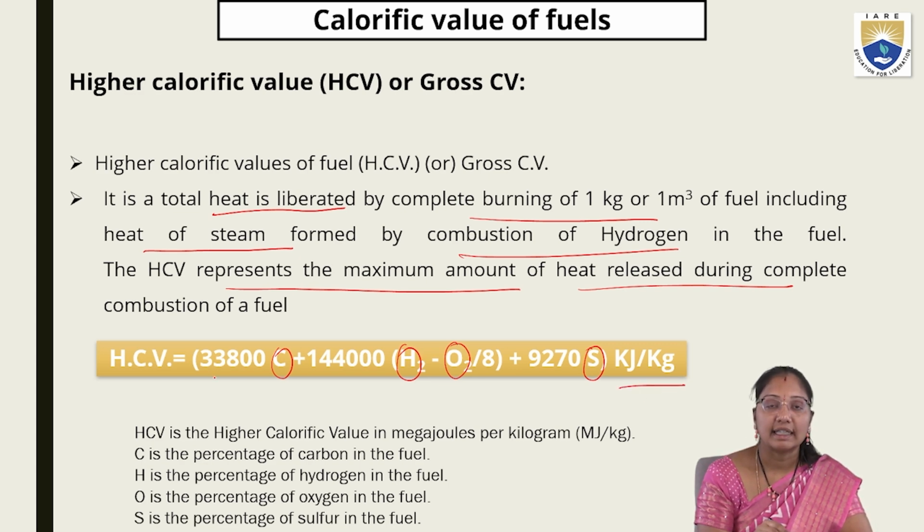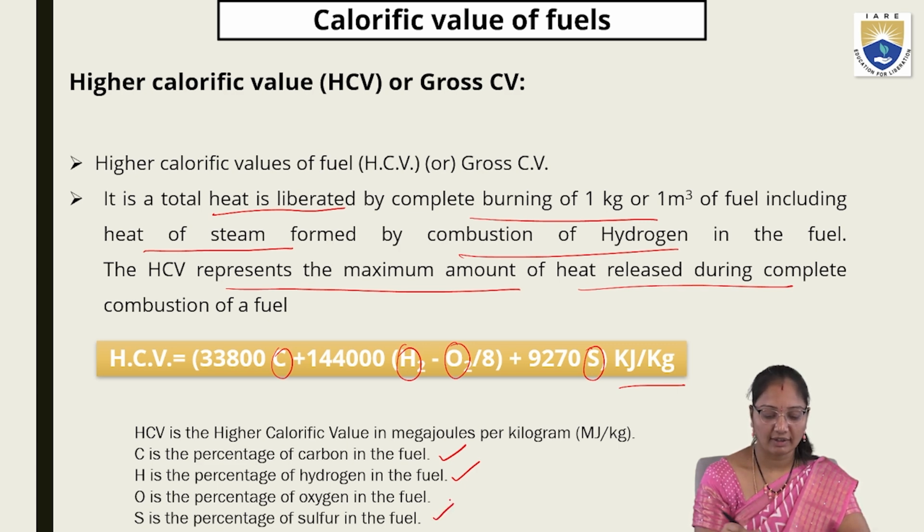HCV = 33,800 C + 1,44,000 (H - O/8) + 9270 S kilojoule per kg, where C is the percentage of carbon present in the fuel, H is the percentage of hydrogen, O is the percentage of oxygen, and S is the percentage of sulfur in the fuel.